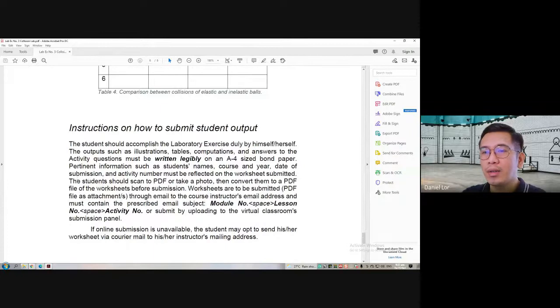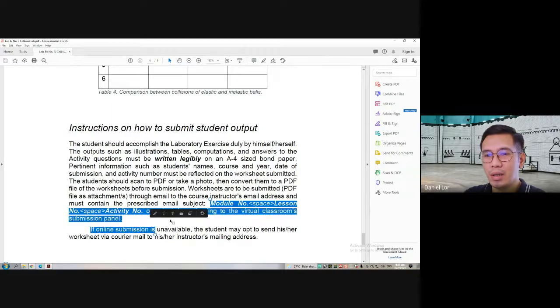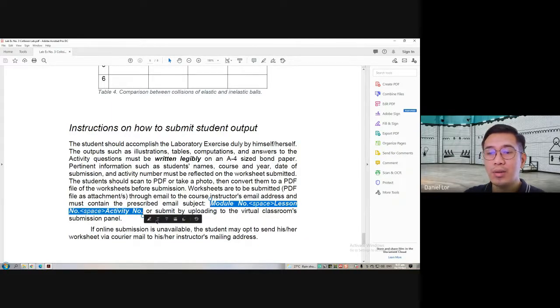Okay, so this is the general instruction. However, as what we have discussed during the class orientation dili ni mao ang atong gamiton nga kanang subject.